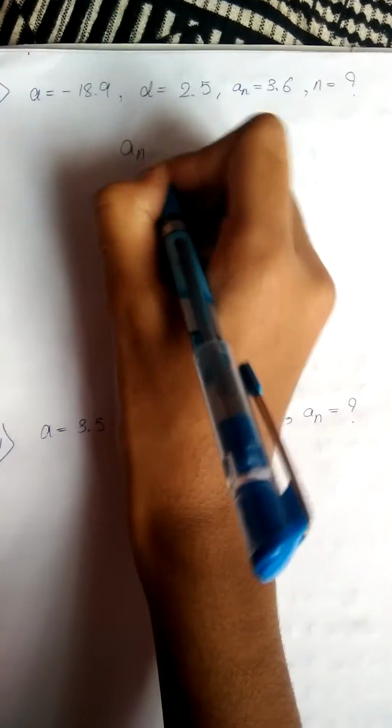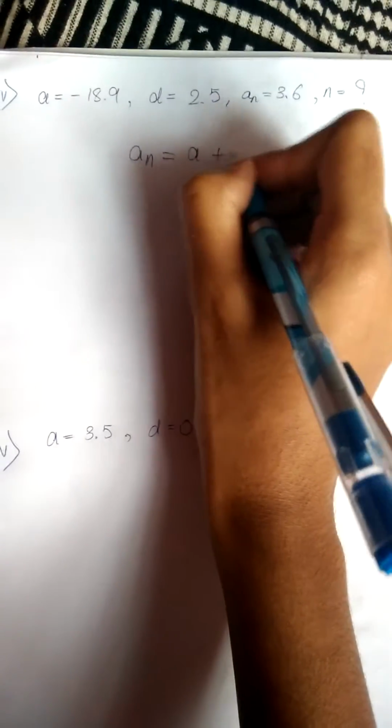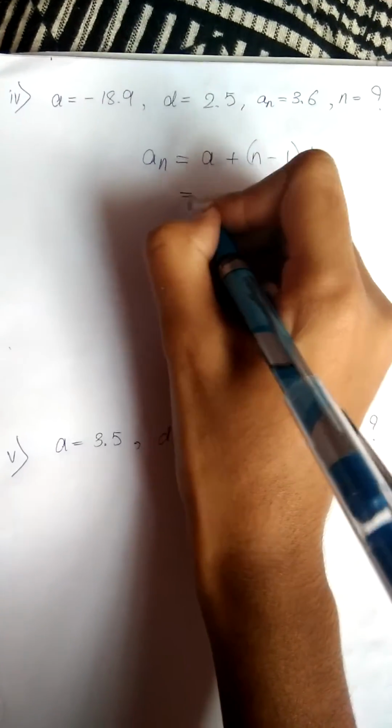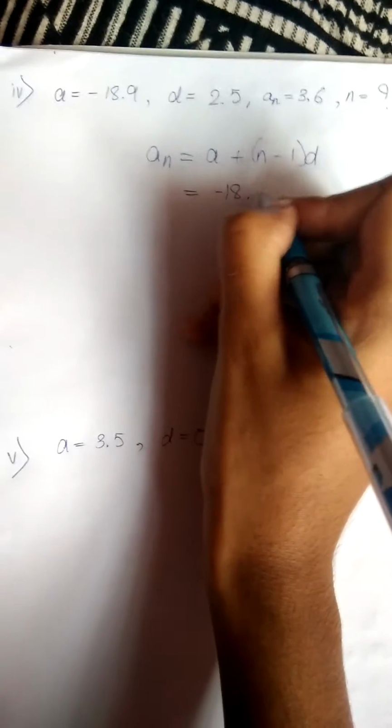In the fourth question, we will use the nth term formula again. An equals a plus (n minus 1) into d. And a is given as minus 18.9.